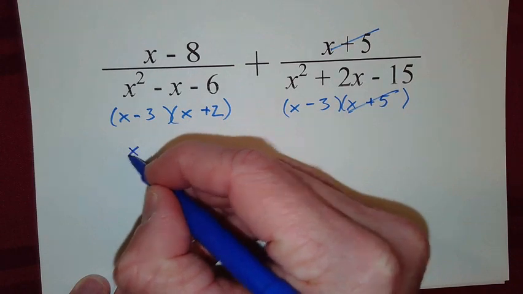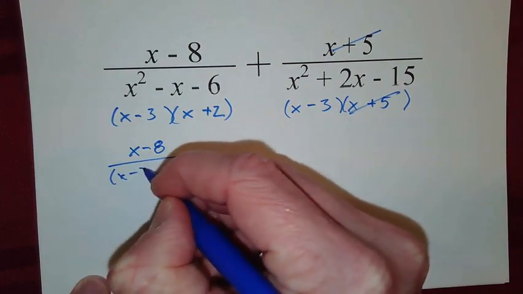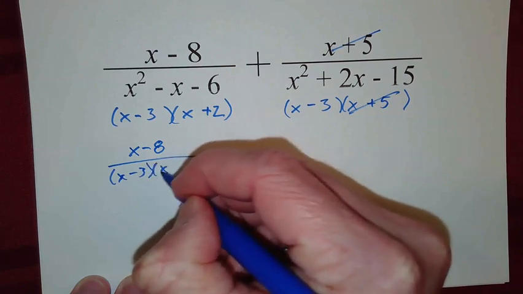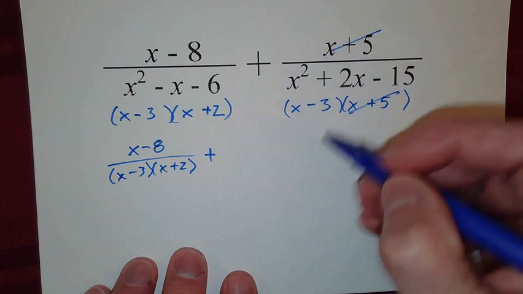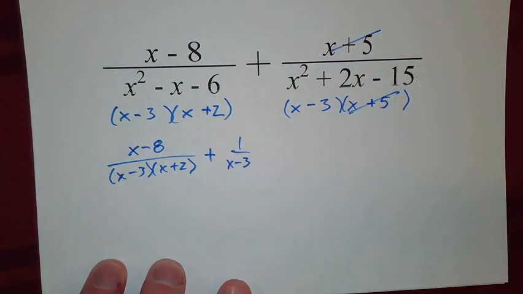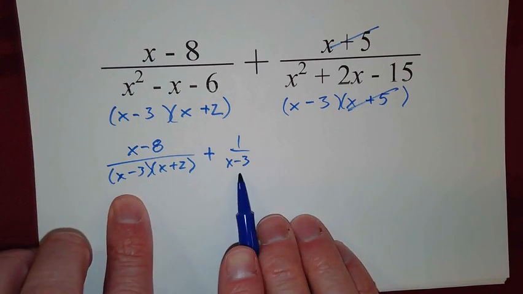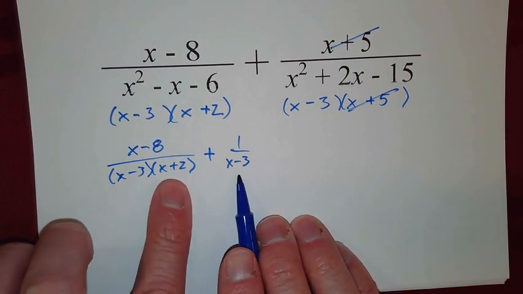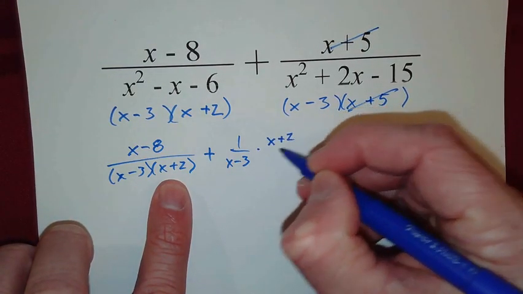I think I'm going to rewrite this just to make sure that we all see what's happening here. x minus 3 times x plus 2 plus, let's see, all I have left over here is 1 over x minus 3 because the x plus 5 canceled out. So I've got x minus 3 as factors already. I've got an x plus 2 in the first one, and I need that in both of them before I can add these together.